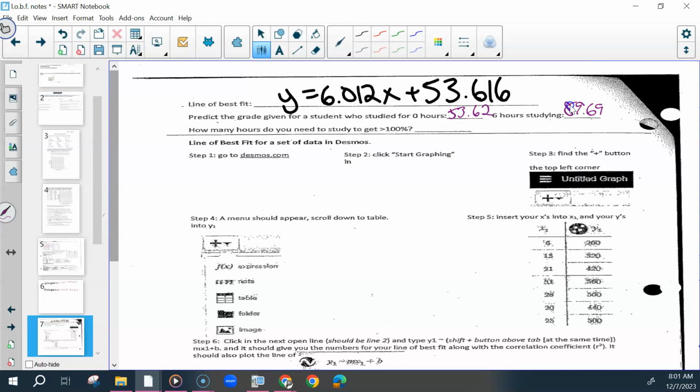If you were to put 6 into this and not into the one with all the decimals, you would not get the exact same answer. So be very careful that you're not doing that. 0 would work, any other number would not.